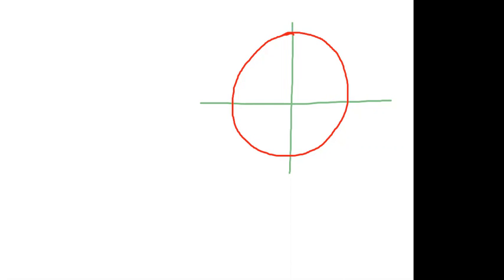Now we are going to calculate its area. One small thing you must keep in mind is that mainly we will try to calculate the area in the first quadrant.